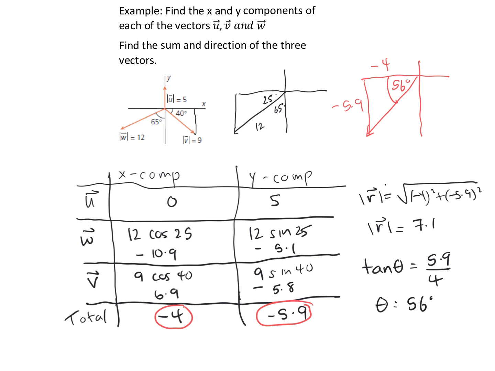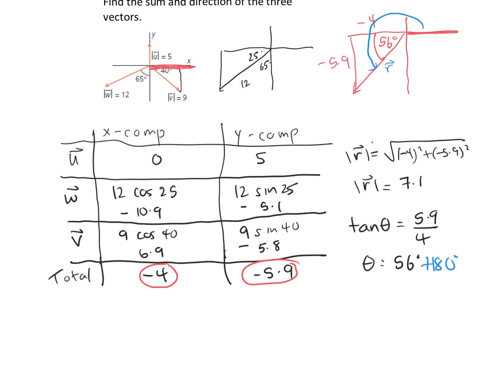I would probably measure this from the positive x-axis just to be consistent. So we want to measure it from here, and we want to go around to the resultant, which is this vector here. So I'm going to add 180 to the 56. So my direction is going to be 236.